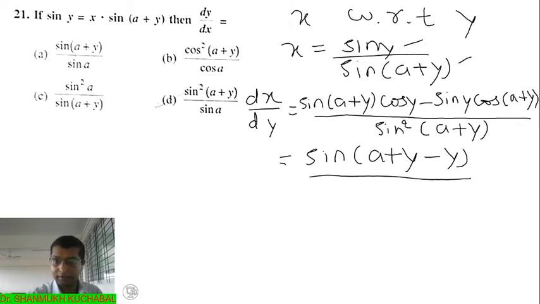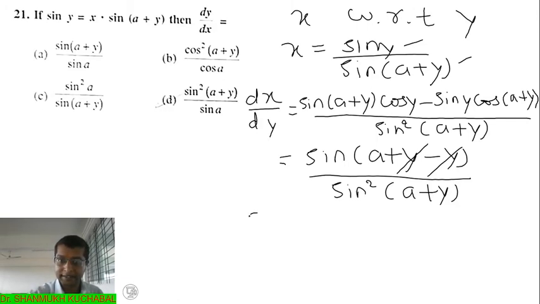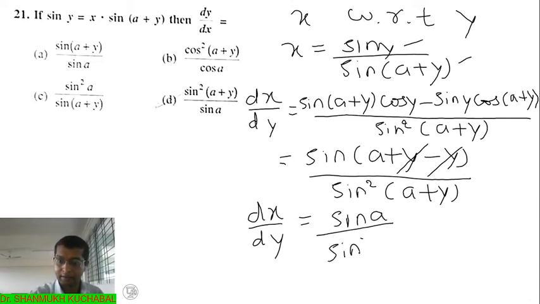We have this divided by sin square(a plus y). Here we observe that plus y and minus y cancel. So we get dx divided by dy equal to sin a divided by sin square(a plus y).